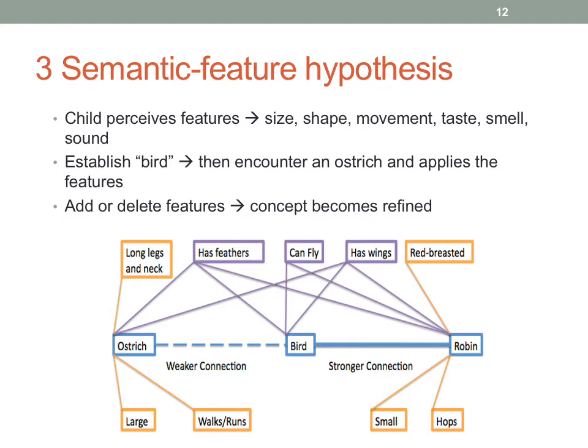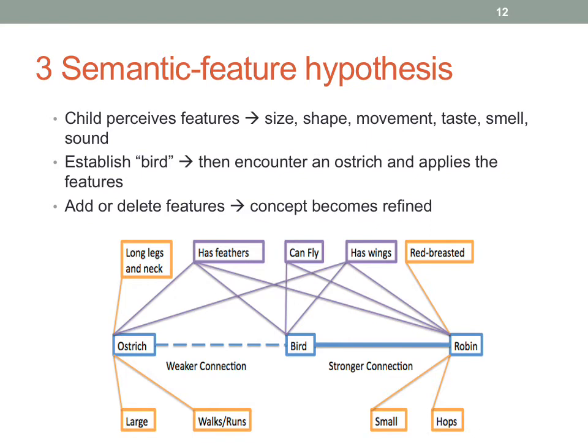And what happens is then they have to refine the concept of bird and add or delete features. So a bird has feathers, it can fly, it has wings, and they know those things. When they encounter an ostrich, it has a really long neck, which differs from their concept of bird.